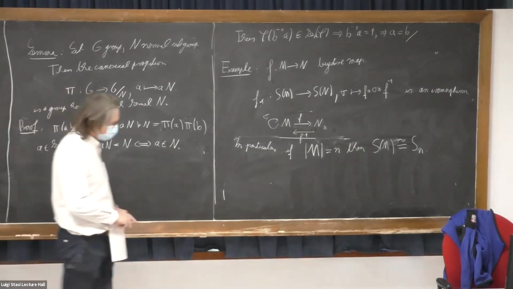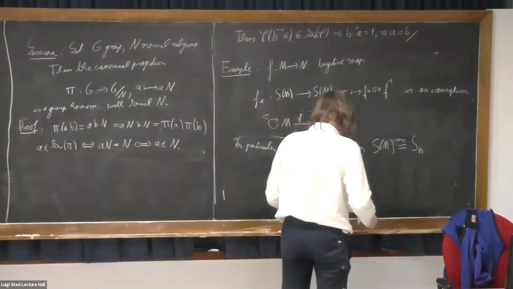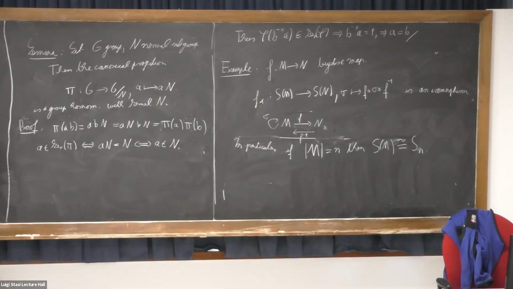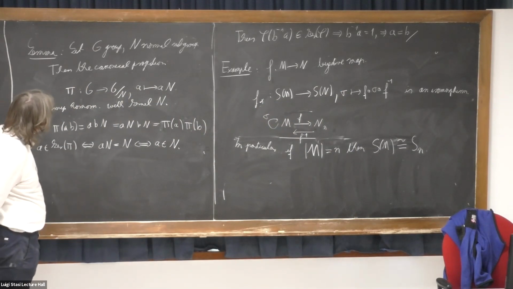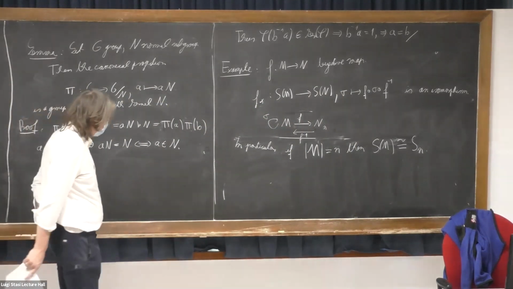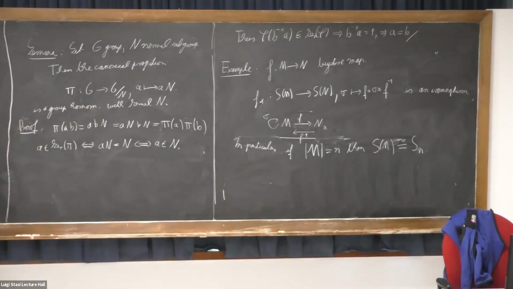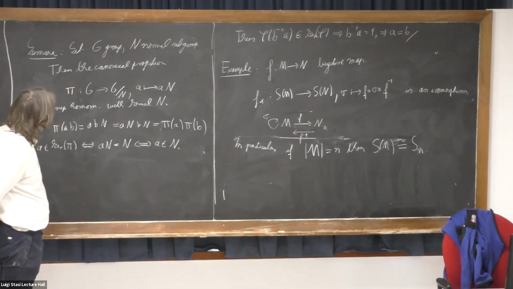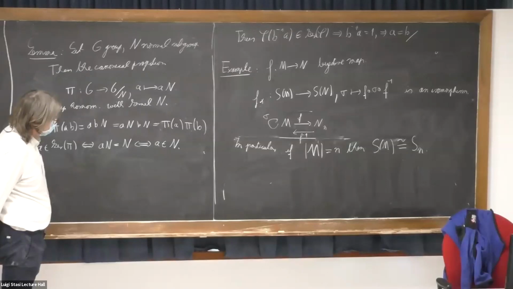Okay, so I want to use another word which we don't really use very much, but it's a standard word in the language. If you have a group and a normal subgroup, you can go to the quotient group, and so replace your group by a simpler one.